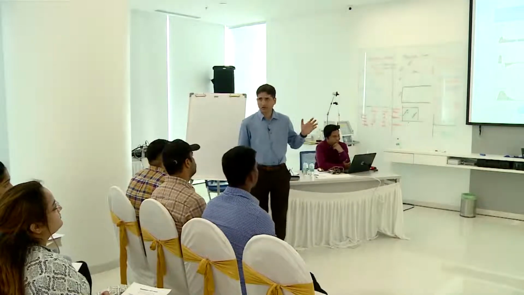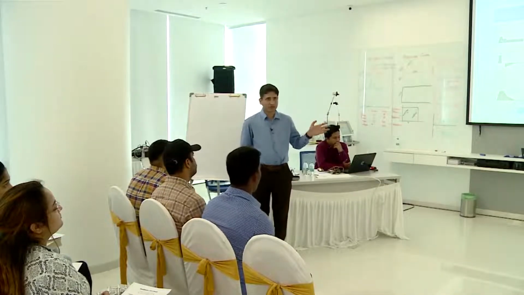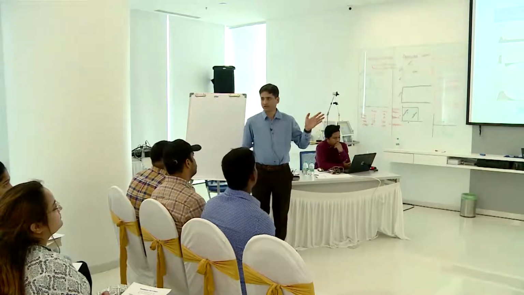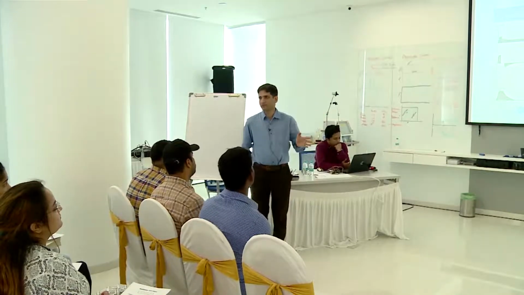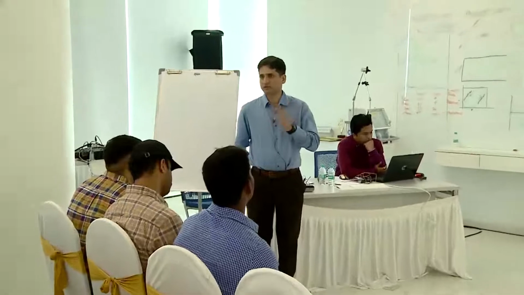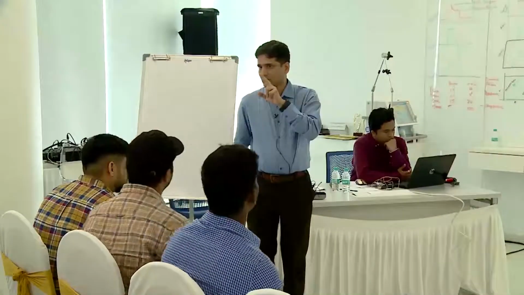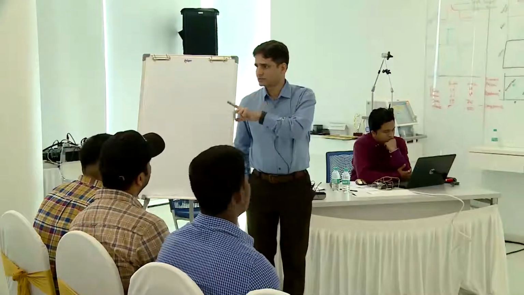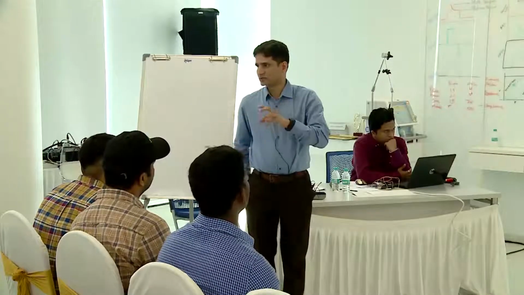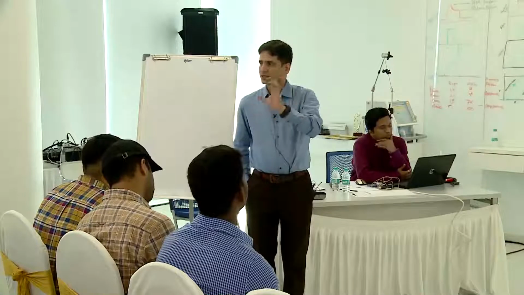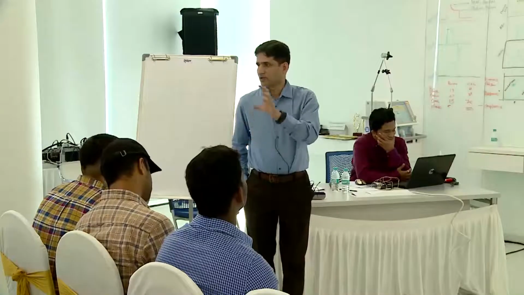So how do you find out, based on this data, whether the patient is ventilated with volume control or pressure control? Because there are basically two modes of ventilation: control mode and spontaneous mode. Control mode means the ventilator is giving 100% of the breaths to the patient.